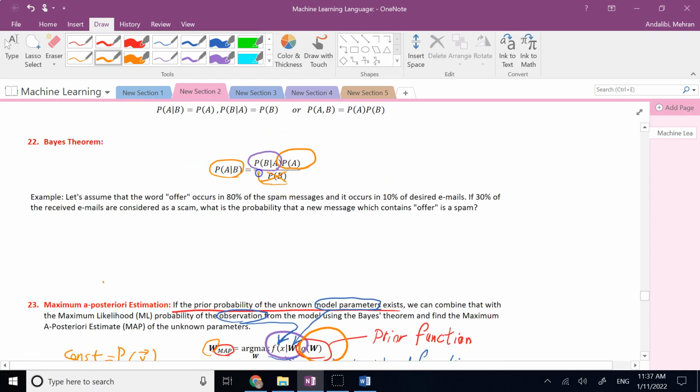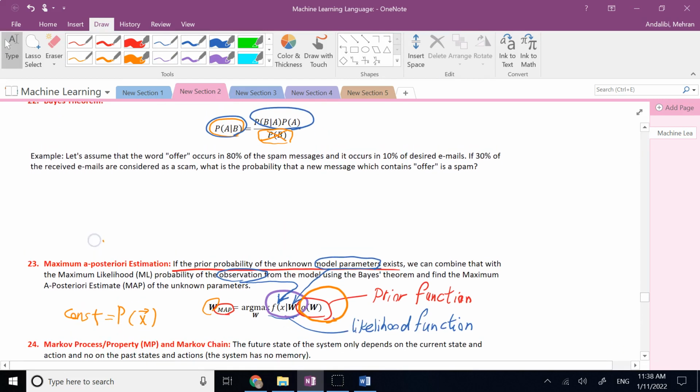So since this is a constant term, you're going to neglect it. Because if you're dividing a variable term by a constant term, the optimum point of the variable term in the numerator is going to be the same whether you divide it by a constant or not. So because the denominator is a constant with respect to w, it has nothing to do with w, then you neglect the denominator and you only what? Maximize the numerator. That's like you are maximizing the conditional probability.